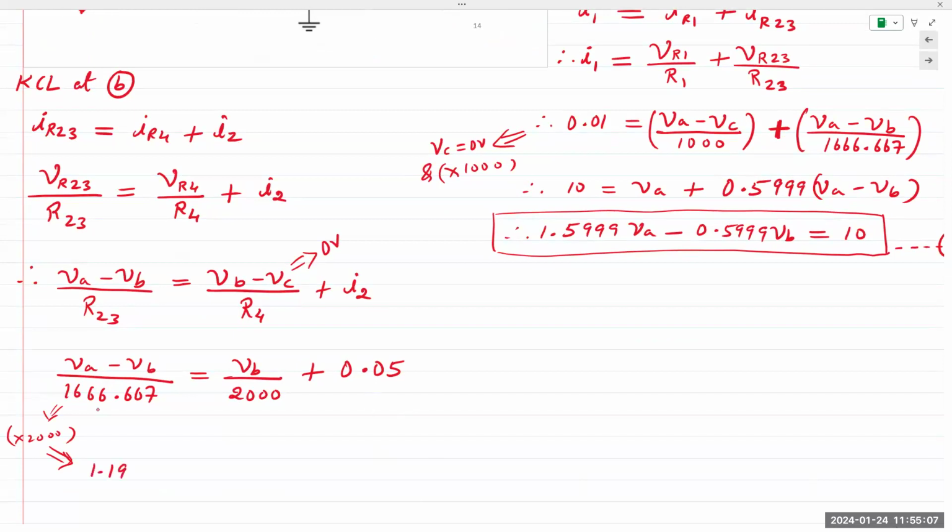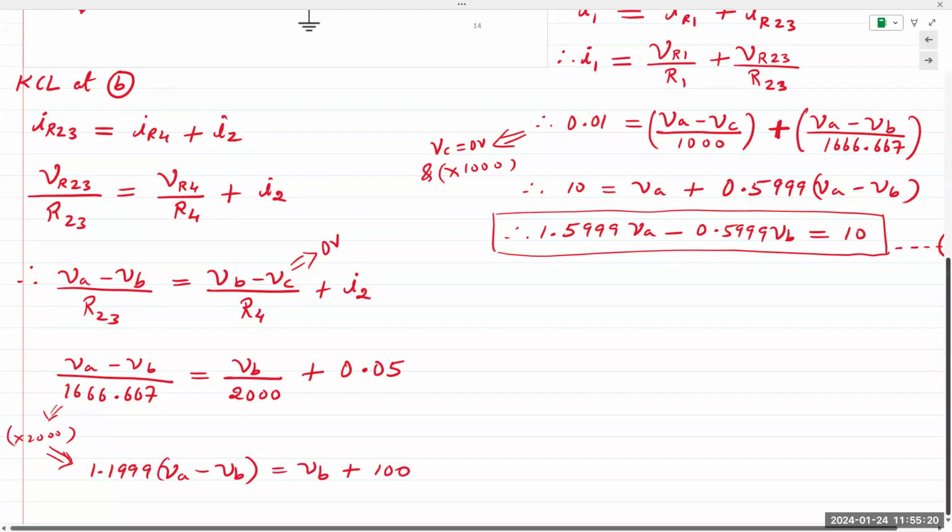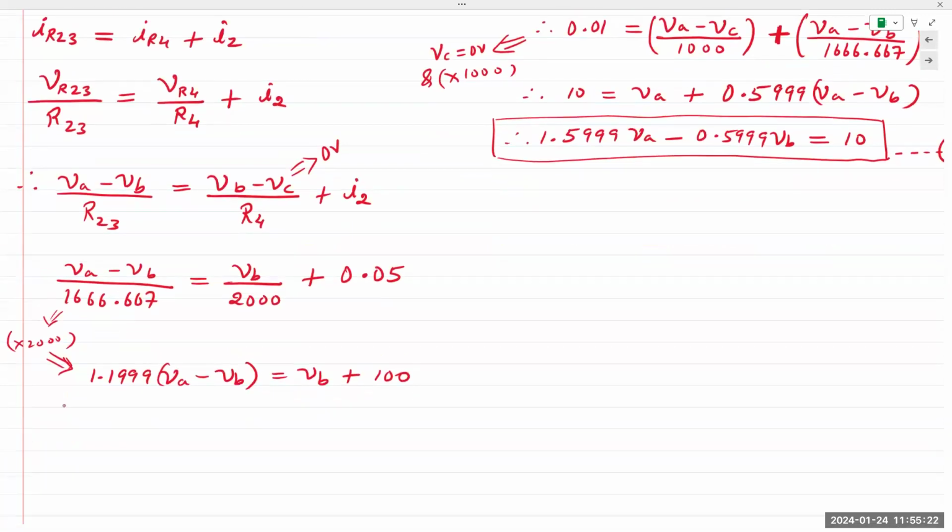I'm going to take 9 VA minus VB equals VB plus 100. You reduce and rearrange the terms, you would get VA minus 2.199 VB equals 100.